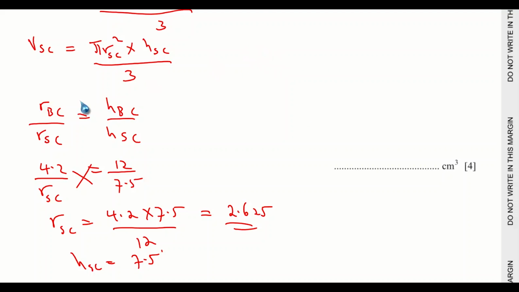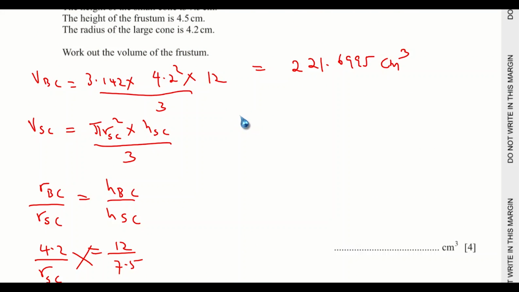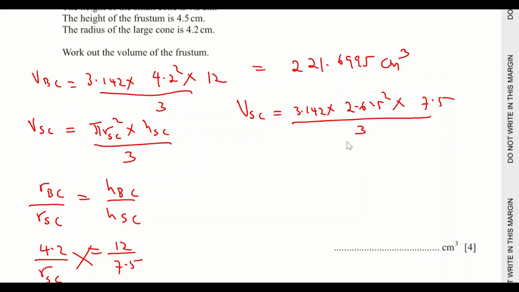Now we have the radius and the height of the smaller cone, which is 7.5. So we can now get the volume. The volume of the smaller cone equals 3.142 times 2.625 squared multiplied by 7.5 divided by 3, which is equal to 54.1259.